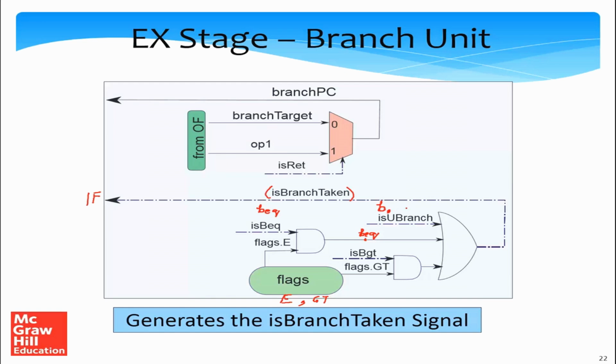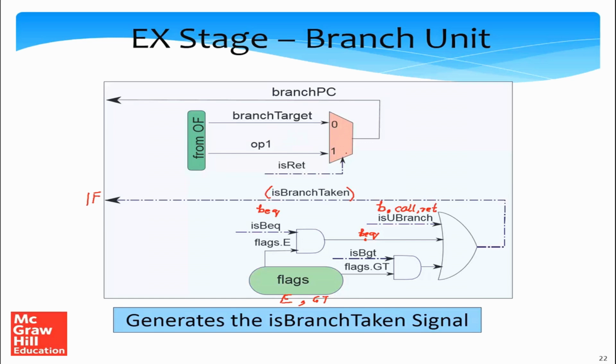What are the instructions for which the unconditional branch condition is true? It is either B, or a call, or a ret. That's when we know that we are changing the value of the PC for sure. So that's when this condition will be true, and these conditions are generated by the control unit.